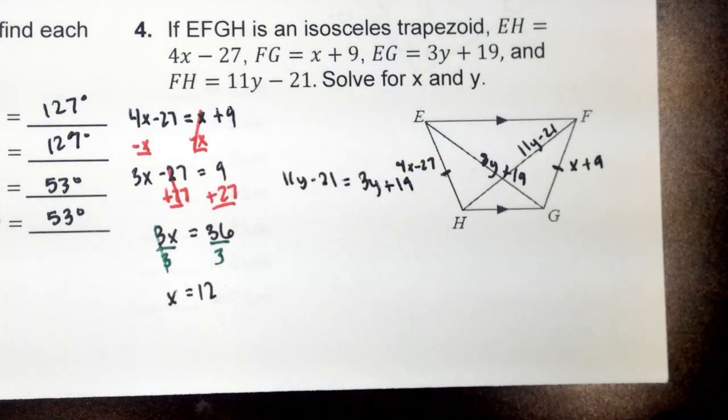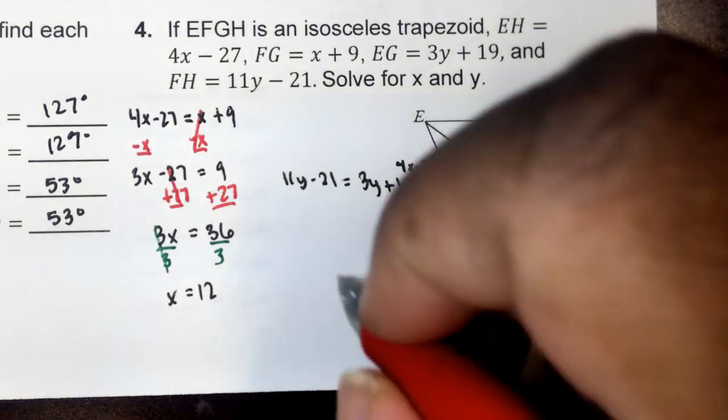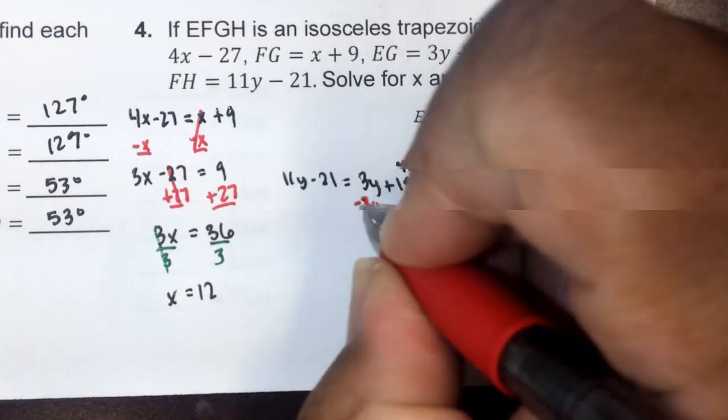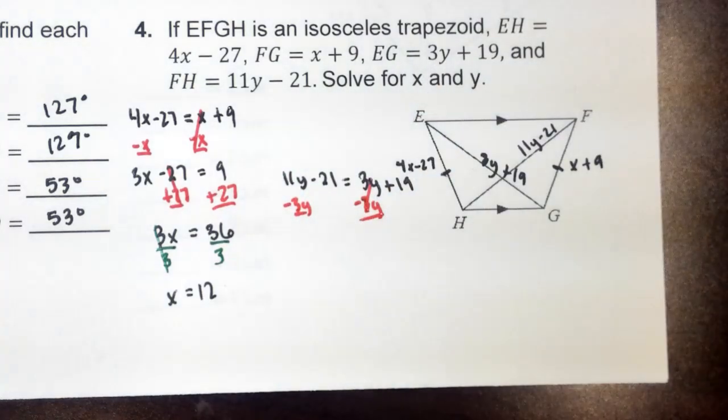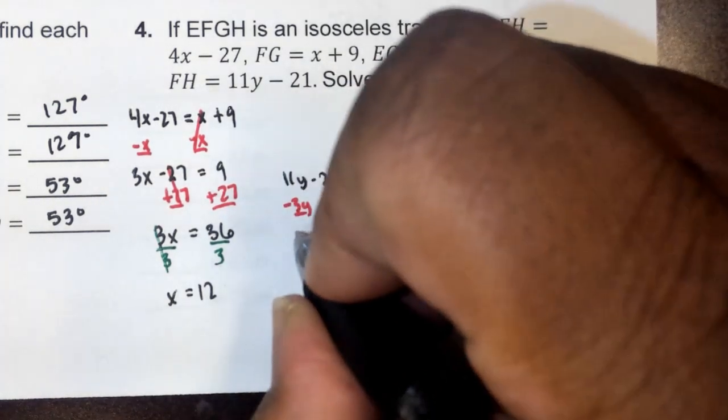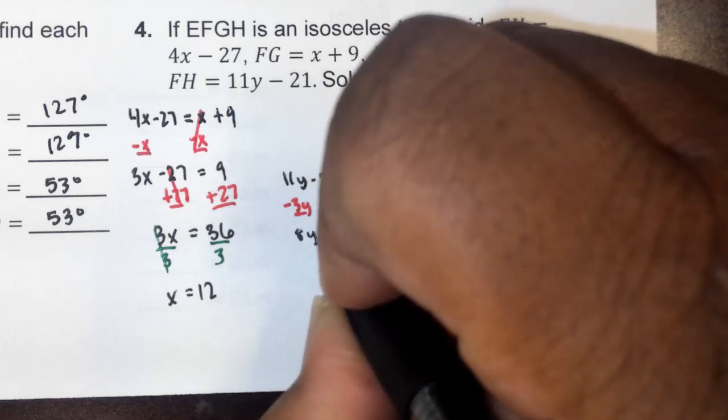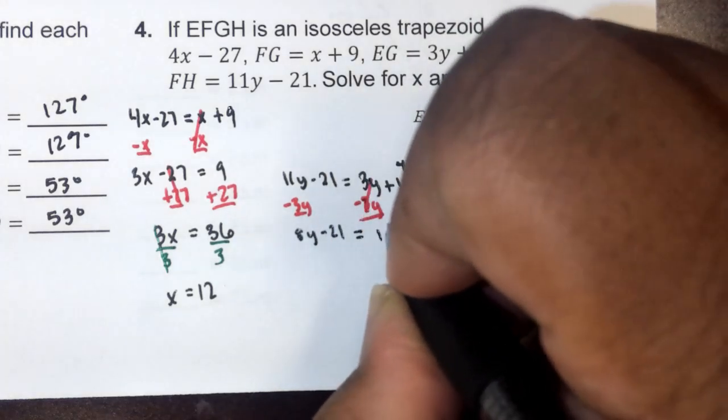Yeah, I'm just trying to get y'all to use some common sense. They gave me both diagonals. 8y, 21, 19.